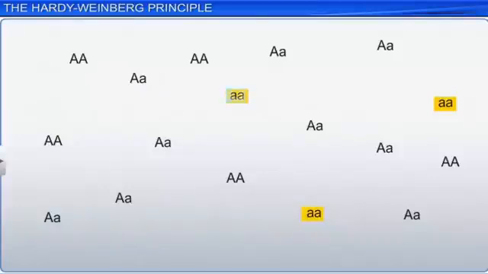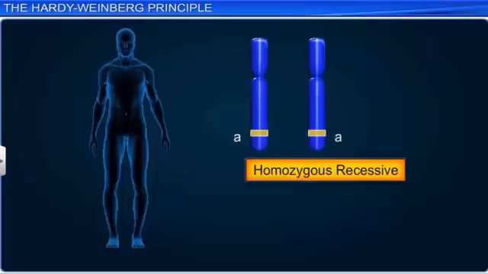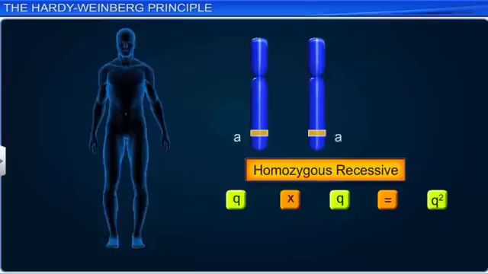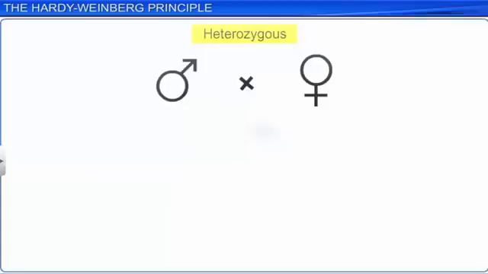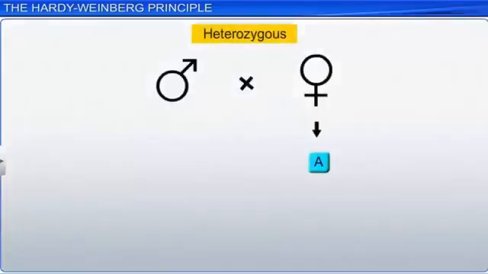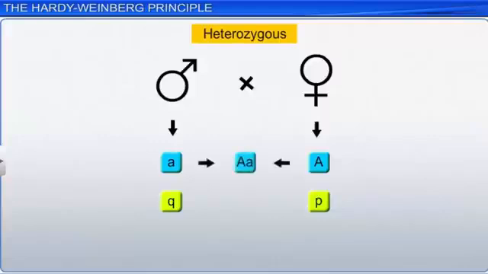Similarly, the frequency of a homozygous recessive individual or small a small a is q squared. Since there are two ways of forming heterozygotes, or capital A small a, that is, capital A allele from the mother and small a allele from the father, and vice versa, the frequency of a heterozygous individual or capital A small a is 2pq.